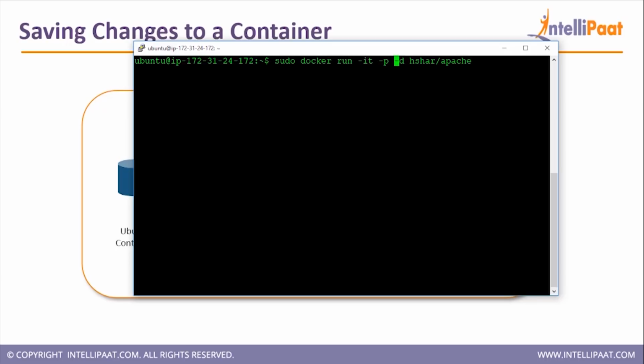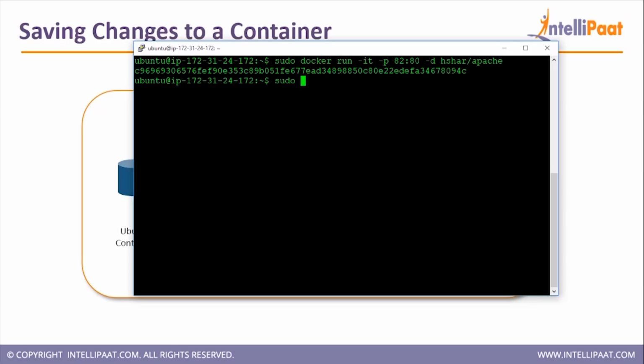So in this case, say I want to map port 82 of my host operating system to port 80 of my container, this is the command to do that. -p, space, the port number that you want to specify, colon, the port number of the container that you want to link it with. So I want to link port 82 with the internal port 80 of my container, which has the image hshar/apache. All right, I'll hit enter.